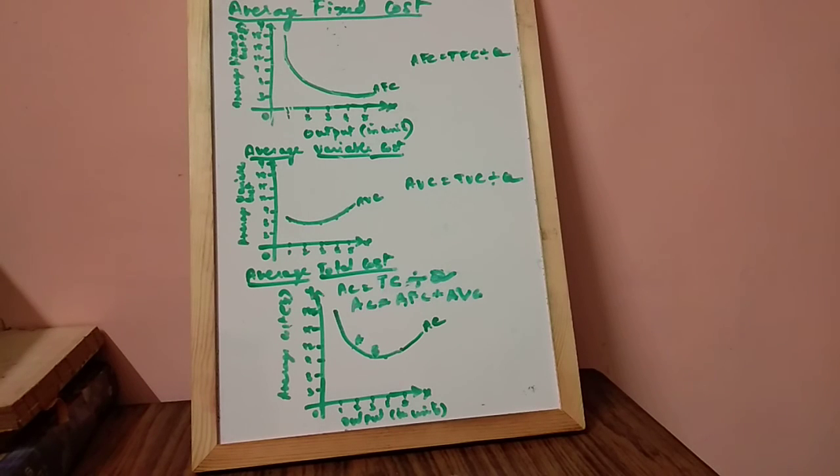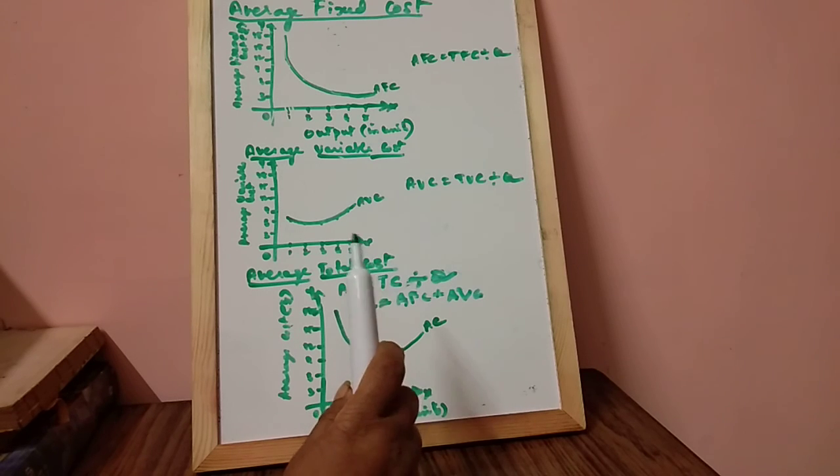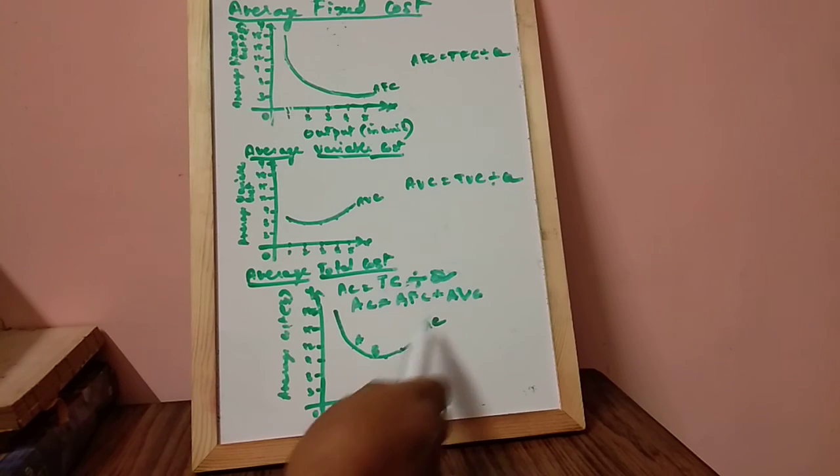That is due to falling AFC till it reaches point B. From the third unit to 4 units, the fall in AFC is equal to the rise in AVC, so AC remains constant in this position. Then after 4 units of output, the rise in AVC is more than the fall in AFC, so AC starts rising.